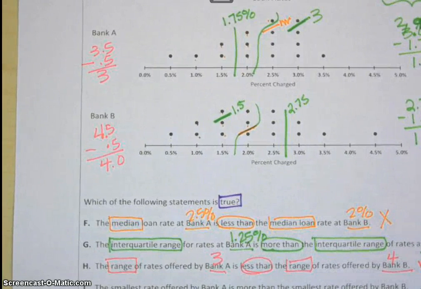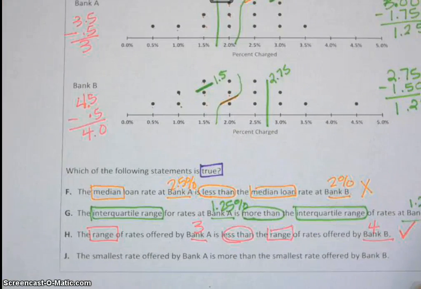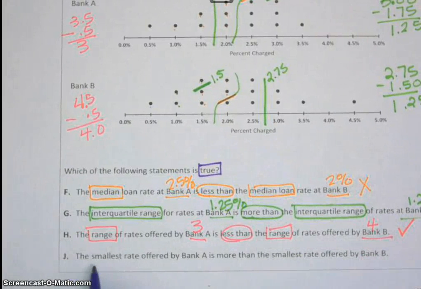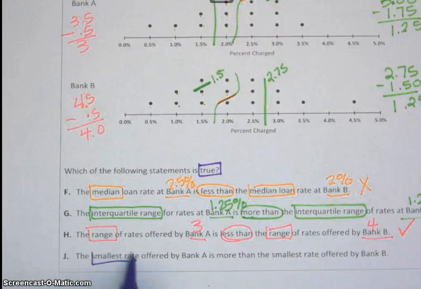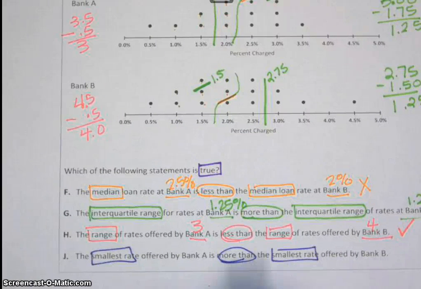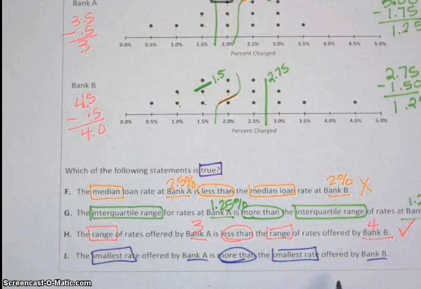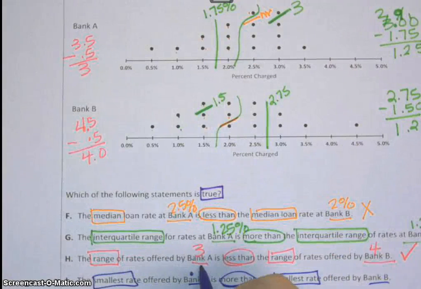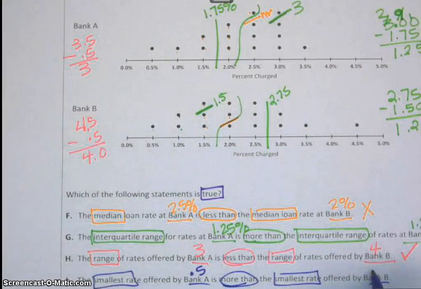All right, so right now we think that H is our answer, but it's a maybe right now. We got to make sure. We could have messed up. The smallest rate offered at bank A is more than the smallest rate offered at bank B. What is the smallest rate at bank A? 5/10. And the smallest rate at bank B? 5/10.